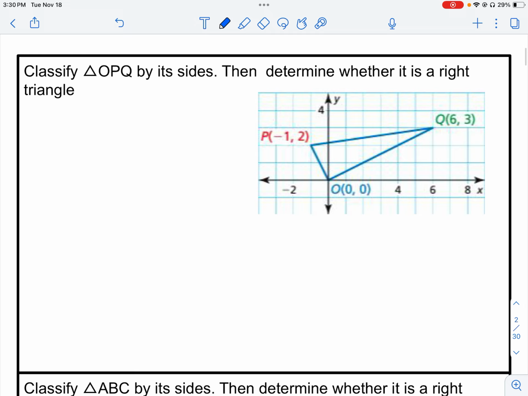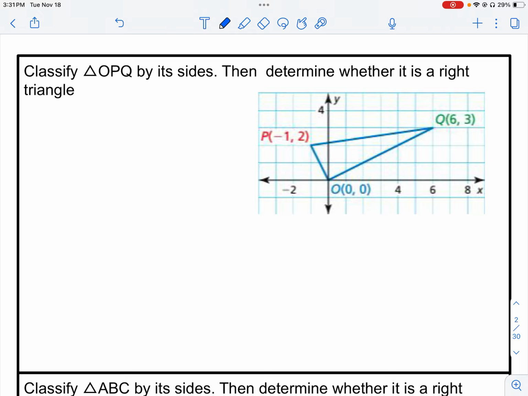But what about when it's in the coordinate plane? Well, we want to classify this triangle here by its sides, and then determine if it's a right triangle. For the sides, we need to know how long the sides are, because if they have equal sides, we can classify it as scalene or isosceles or equilateral.